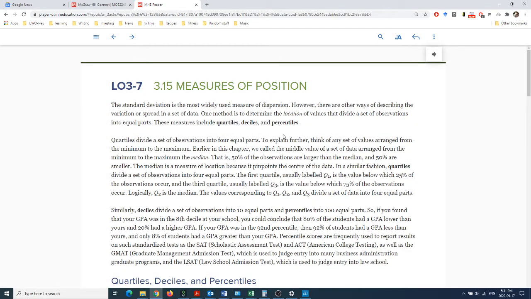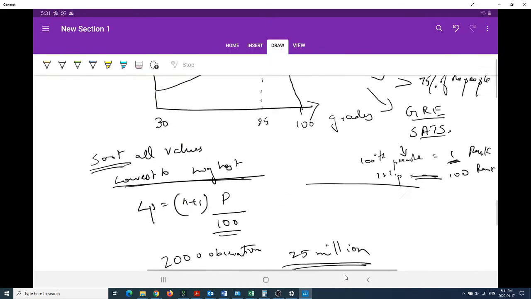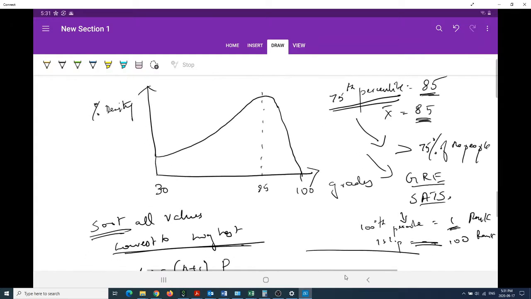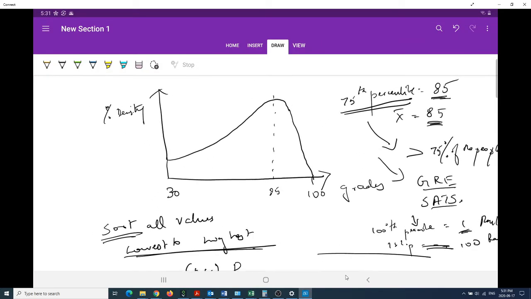Let's think about this distribution over here. Think of this as your grades distribution, where the mean is 85, the maximum grade is 100, and the minimum grade is 30.